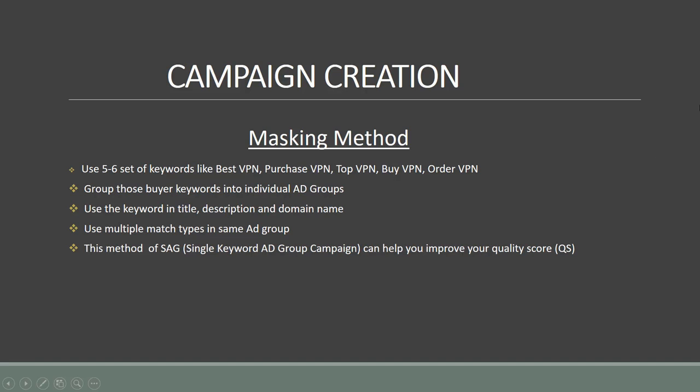All this helps to improve your quality score, and this is the ideal way if you are going to use the masking method, instead of directly adding multiple, like 50 to 100 or 150 keywords into one campaign, you can try to use the single keyword ad group campaign, and I will show you quickly how to do the same.